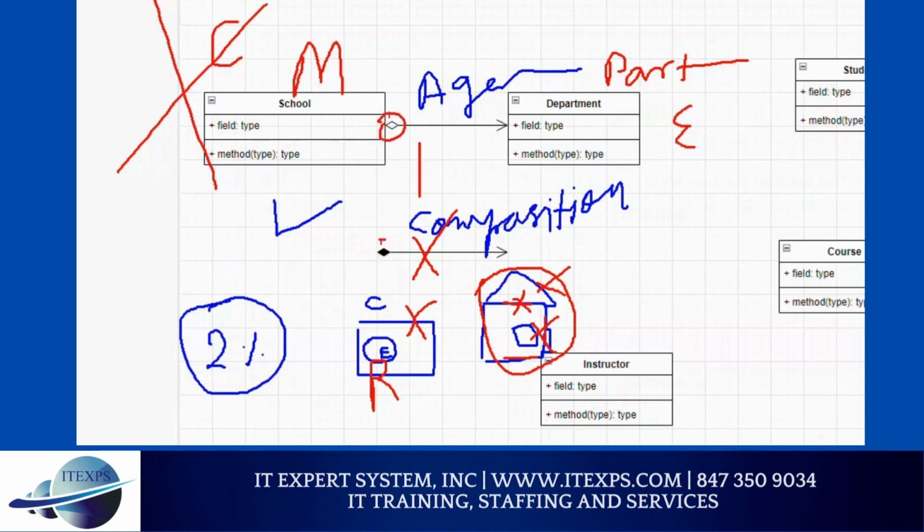If you use this symbol, it means as soon as the car is destroyed, the engine is destroyed. Because this is called composition. Composition means a strong relationship. If I destroy the parent, the owner here, then the child is also destroyed. But if I define this as aggregation, we are giving a hint that sometimes when the parent is destroyed, the child component can survive.